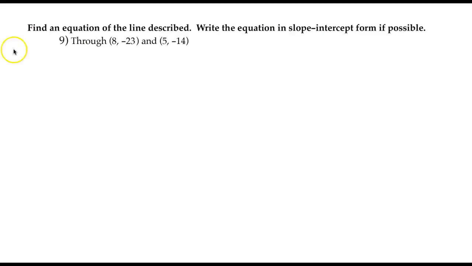All right, so for questions 9 and 10, what we're asked to do is actually find the equation of the line. And we want to write the equation in slope-intercept form in this case. So in other words, we want to use the information that's given to us here and end up writing a line in this form.